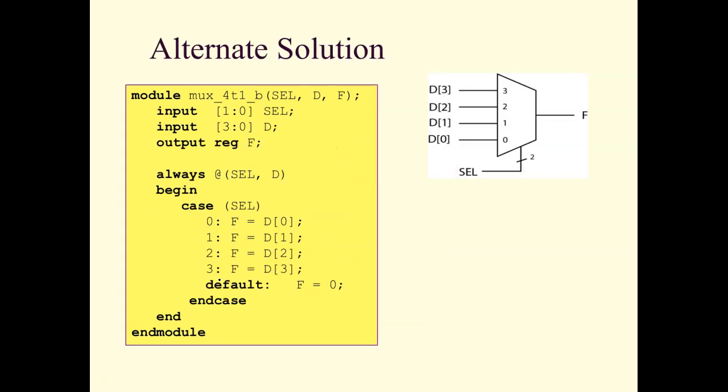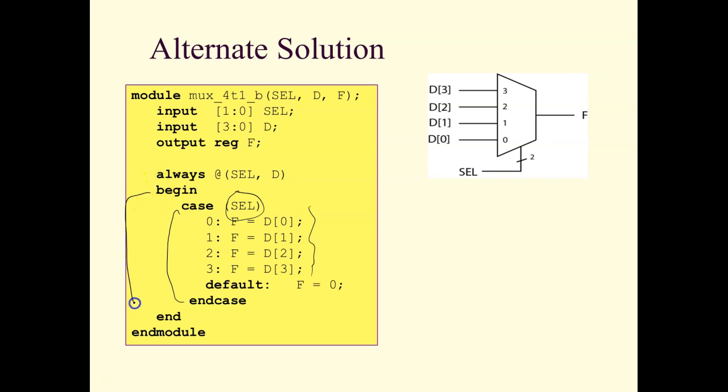So we can also use a case statement for this, and it's very much a similar idea. Everything's similar except the guts of this thing. The case selection is based on the select input right here. Essentially, here's my case statement. It has a case and an end case to delineate it.